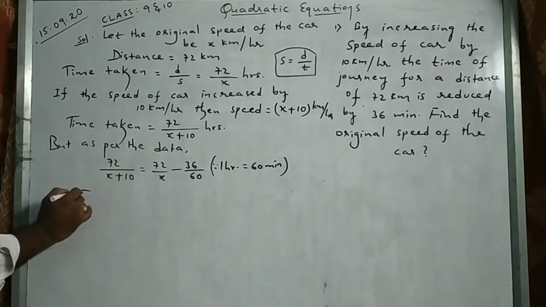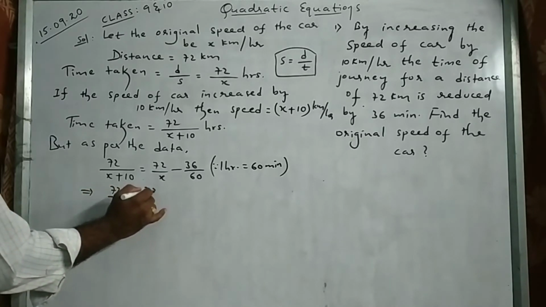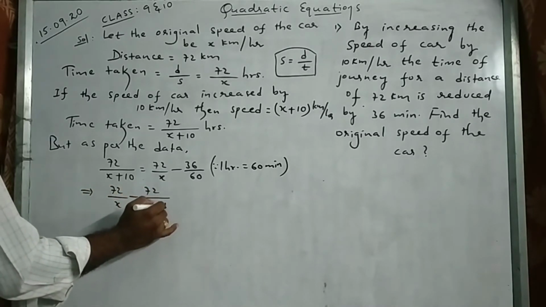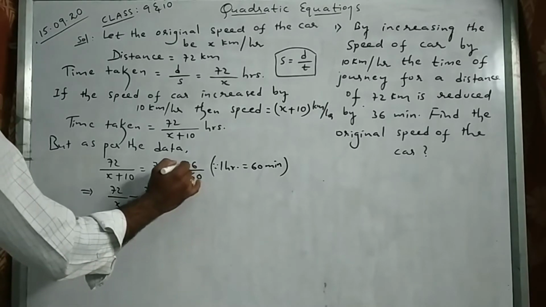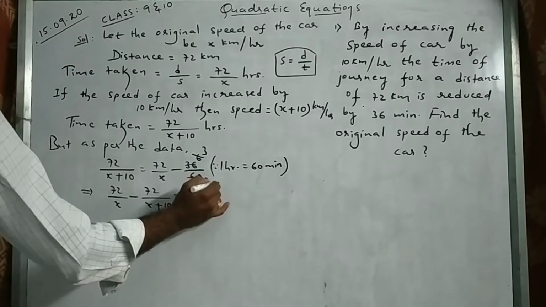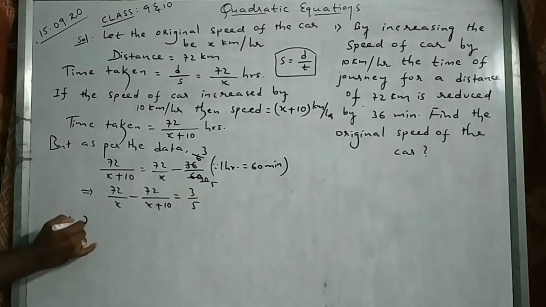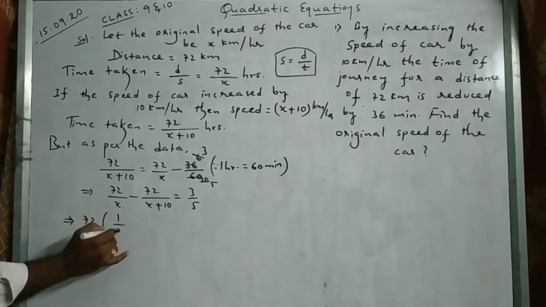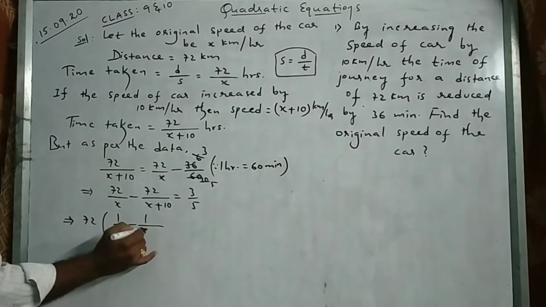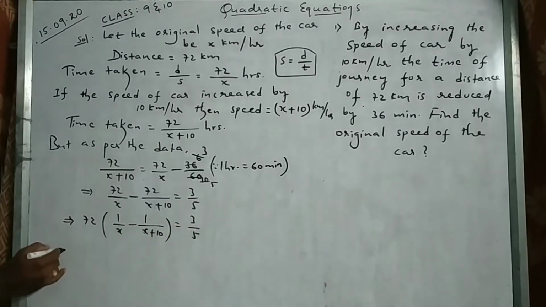So 72 by x minus 72 by x plus 10 is equal to 36 by 60, which simplifies to 3 by 5. Take 72 common: 1 by x minus 1 by x plus 10 equal to 3 by 5.